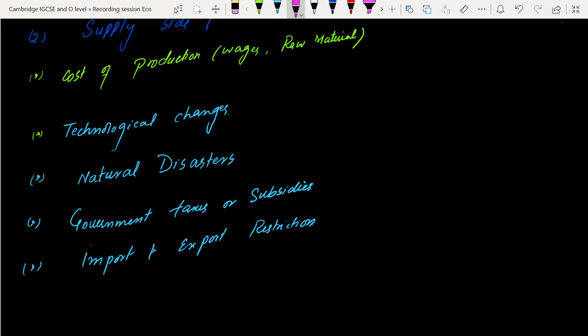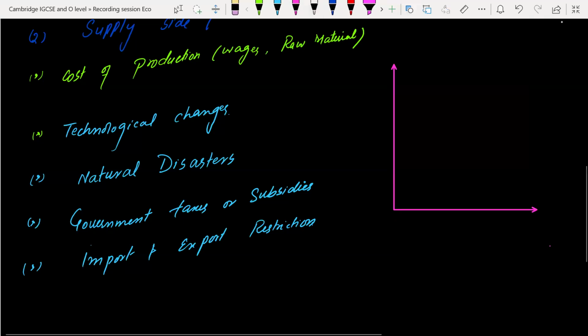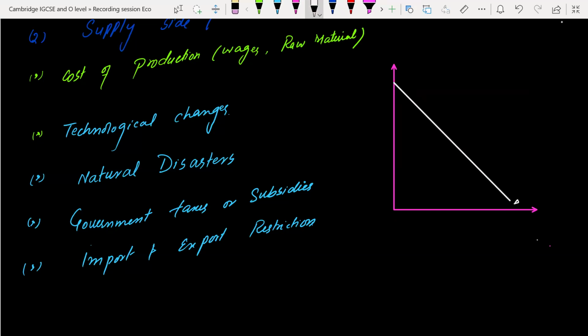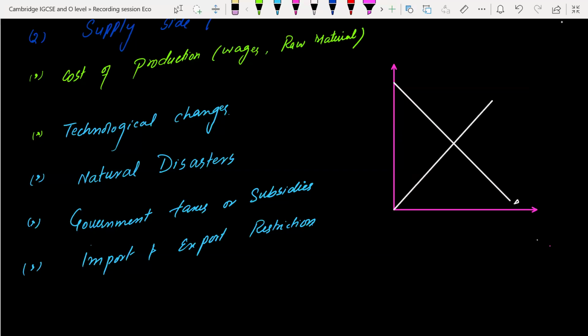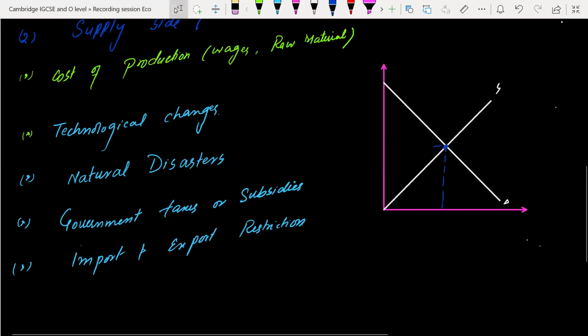Let me make a diagram to show the changes. Okay, for example, this one is a demand curve. This one is the supply curve. They are going to intersect each other at this point. For example, at this point the price is $20.